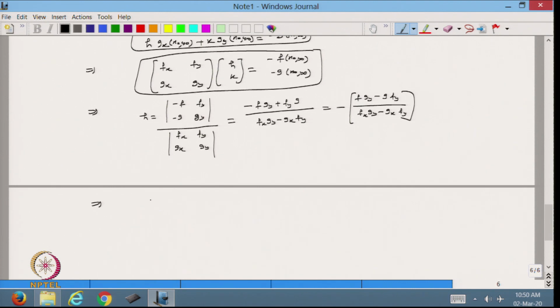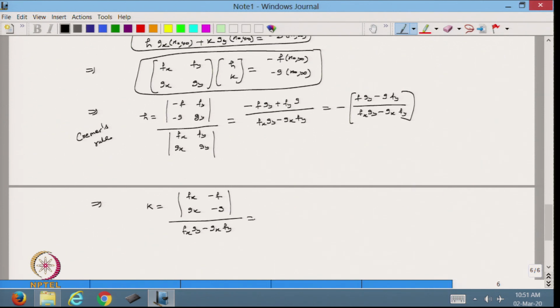Similarly, we can find the value of k using Cramer's rule. So, I will get my k is equal to f x g x minus f and minus g divided by the same factor, f x g y minus g x f y.